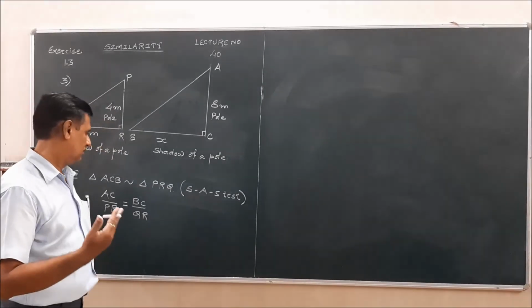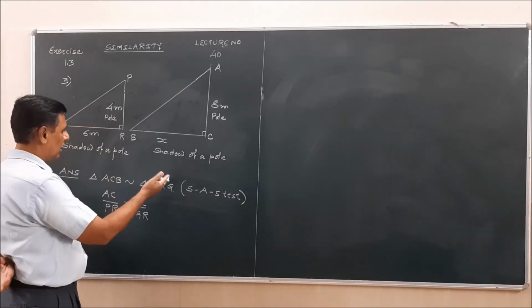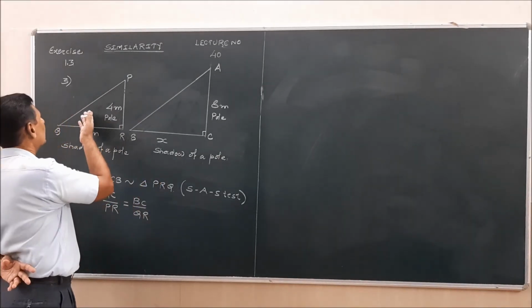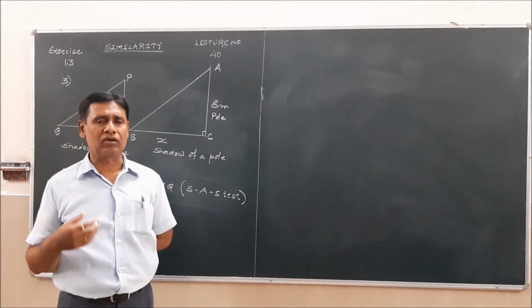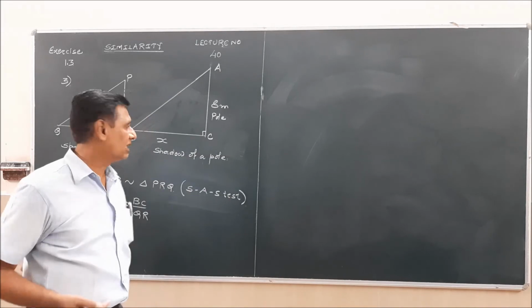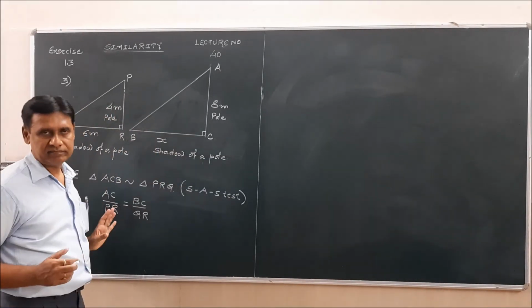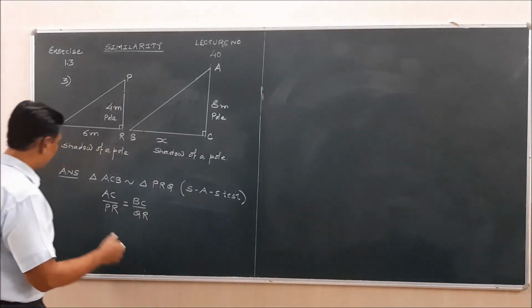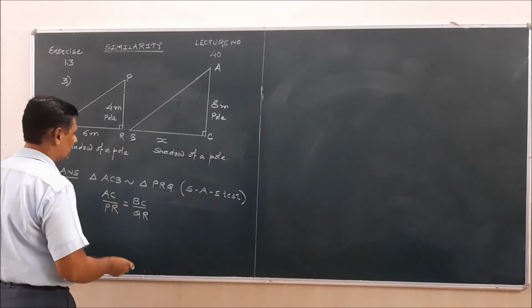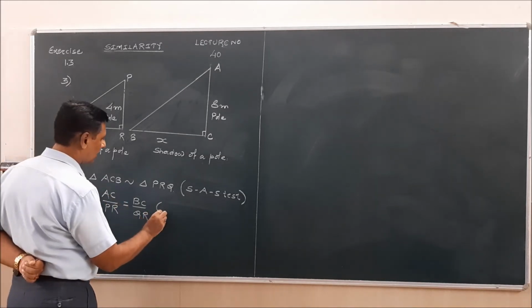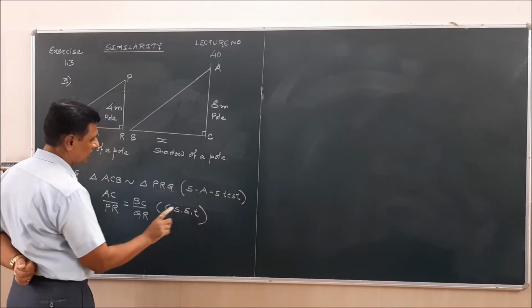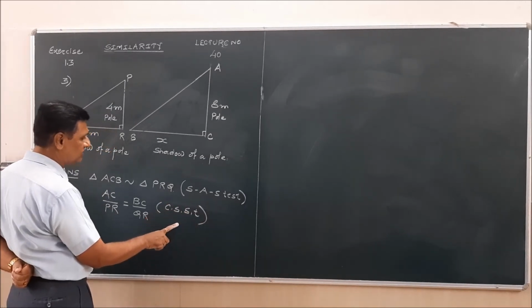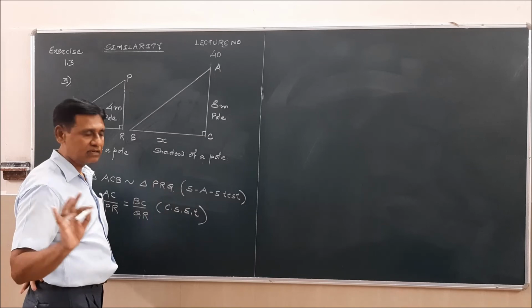So AB upon PQ is also the same. But the values of AB and PQ are not given and we are not considering them, because we have to find the value of BC. So AC upon PR is equal to BC upon QR, corresponding sides of similar triangles.